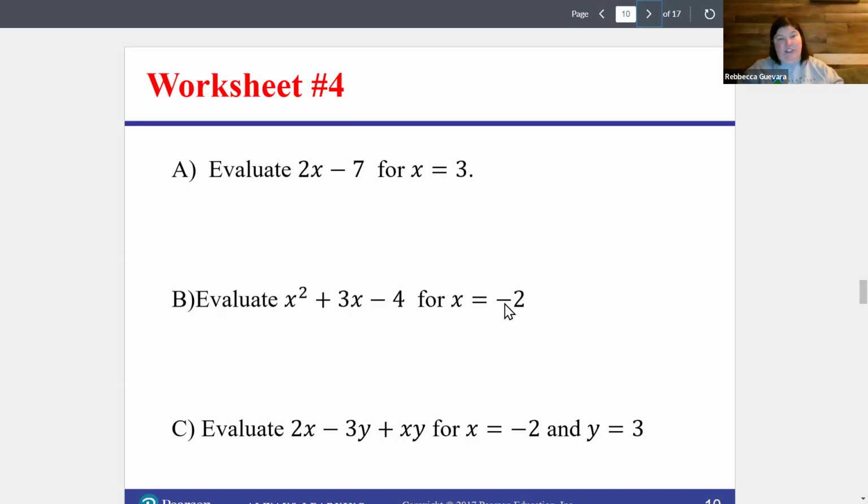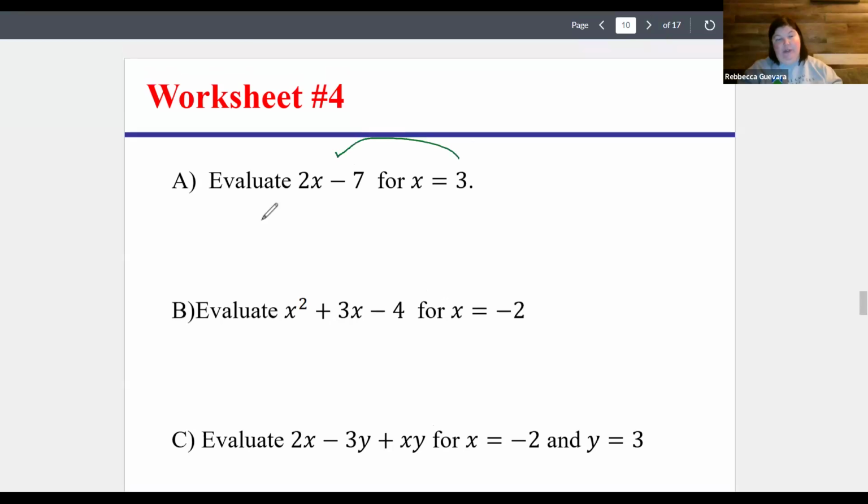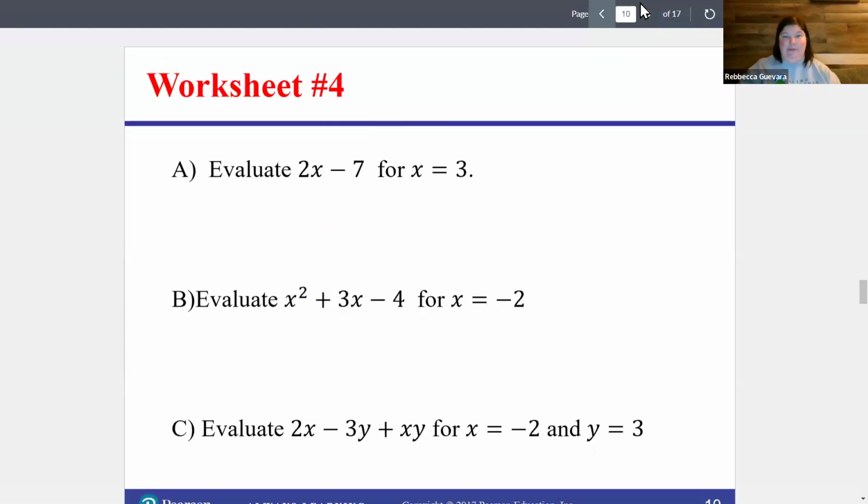So I always suggest that when you're replacing your variable, put parentheses around it, just because, like in this case, this is negative, you're going to see that we need to put those parentheses around it so we're knowing how we're dealing with a negative number. Same thing here. Here we got 2 variables that we're replacing. So every x is replaced with negative 2, every y is replaced with 3. And I'm emphasizing every variable because I've seen people not do every variable. So please take a moment and just work on those.